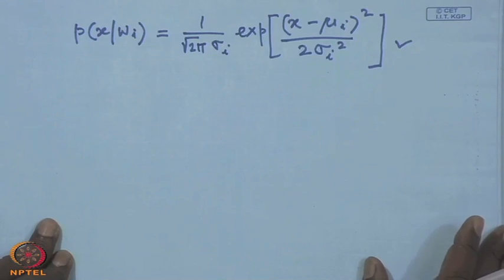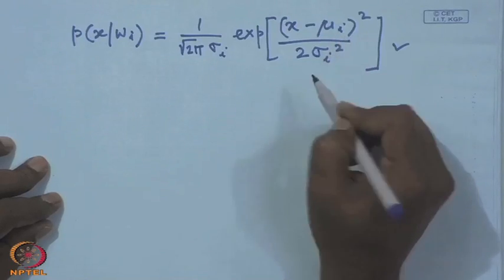So, naturally, if I want to find out p of x given omega 1, I will take samples only from class omega 1. I will not take any sample from class omega 2, I will not take any sample from class omega 3 and so on. Similarly, if I want to compute p of x given omega 3, I will take only samples from class omega 3; I will not take any sample from class omega 1 or omega 2 or omega 4 and so on.